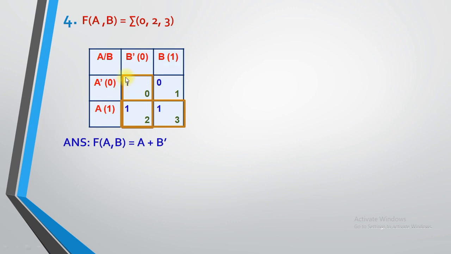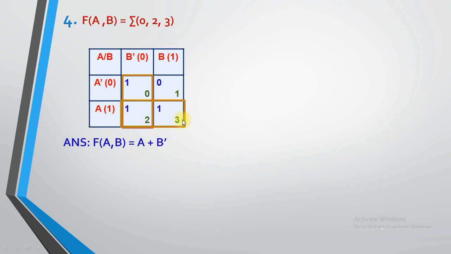Now, consider the vertical pair first. You can consider any one, either horizontal or vertical. Right now, I am going to consider the vertical pair. For the vertical pair, we have values A dash and A, so this we will not consider, only B dash is there. So B dash is written over here.